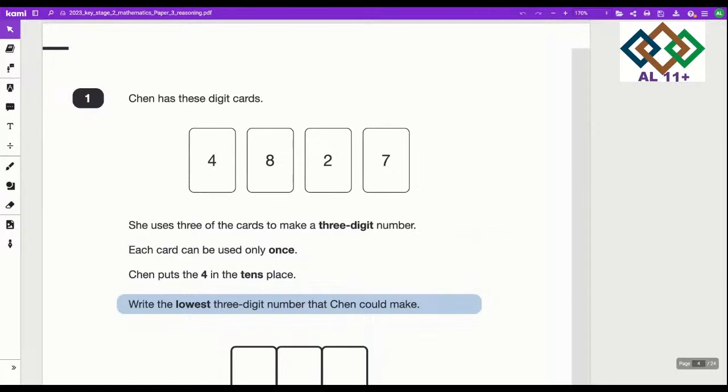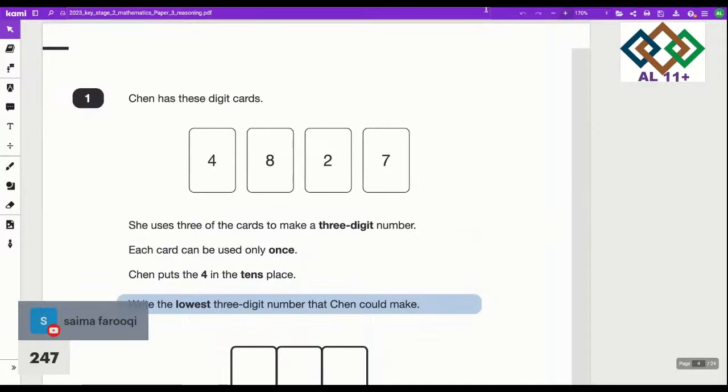If not, I will write down the answer for you. Yes, you got the right answer. It's 247. That's the right answer.